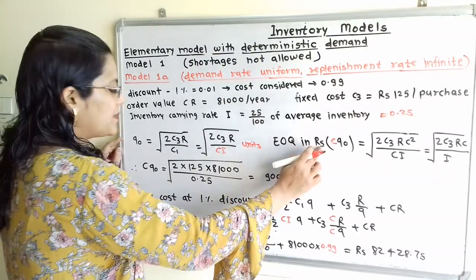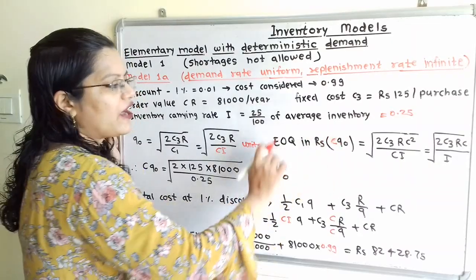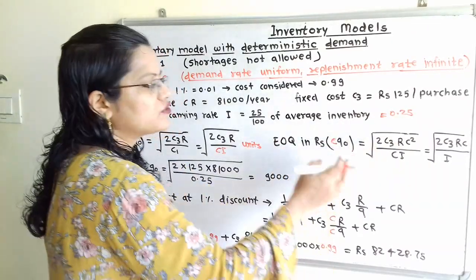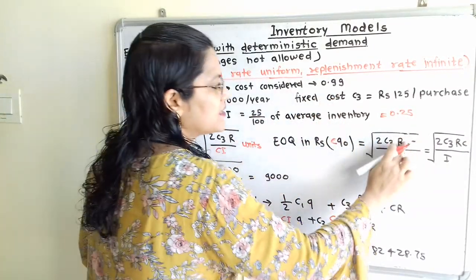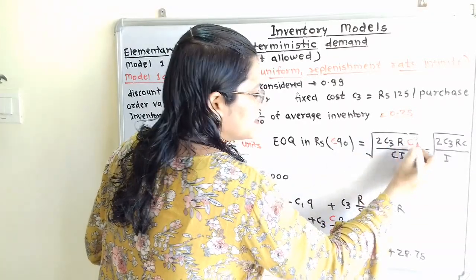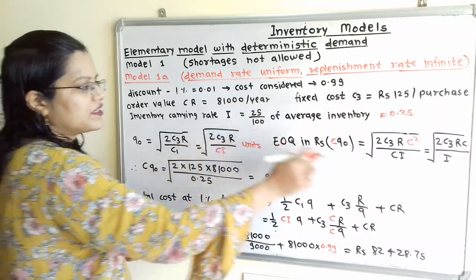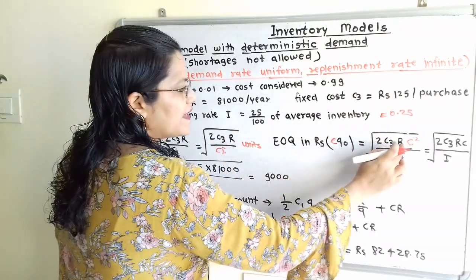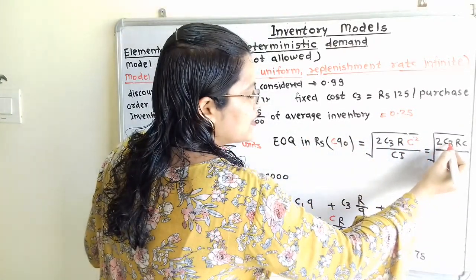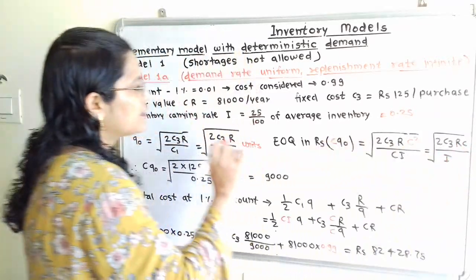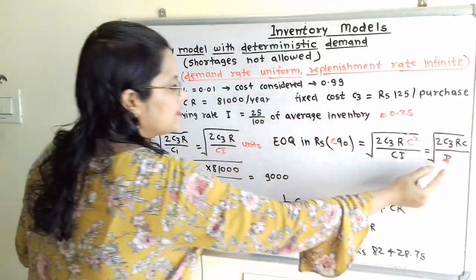So EOQ in rupees, that is C into Q0, is equal to... Now on the left hand side we have multiplied with C, so on the right hand side also we have to multiply with C. But inside the square root we have to take it as C square. Now the same formula is there, but we take only C square in the square root. So 2C3R C square by CI. So one C will get cancelled, giving 2C3R C by I. Now CR is known, C3 is also known, and I is also known.